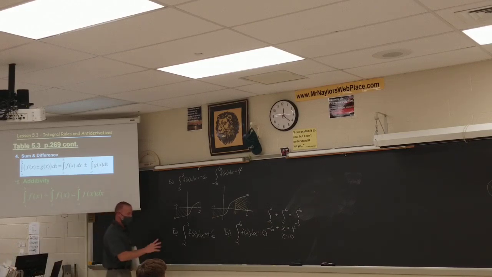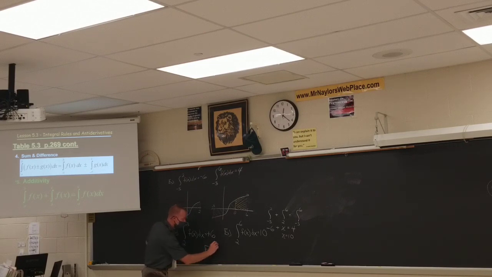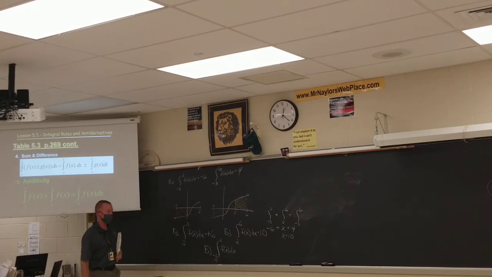Let's do one more of these rule problems. How about the integral from -1/2 to 2 of f of x dx? So we're doing the integral from -1/2 to 2.